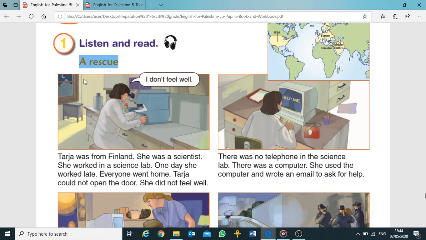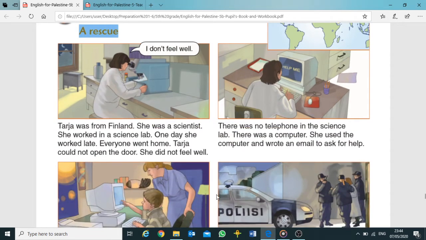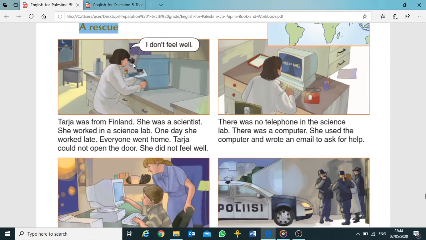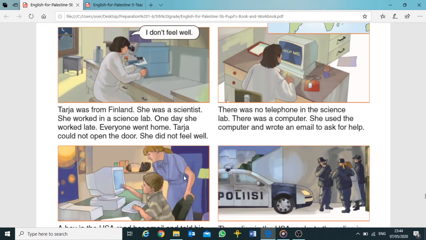Before we listen, let's look at the pictures here. Here we have 1, 2, 3, and 4 photos. In photo number 1, as we can see, we have a scientist, عالم, and she is a girl or woman, عالمة. She is working.